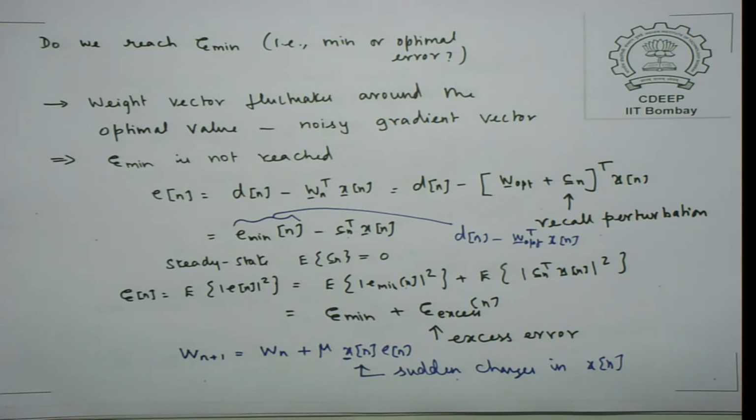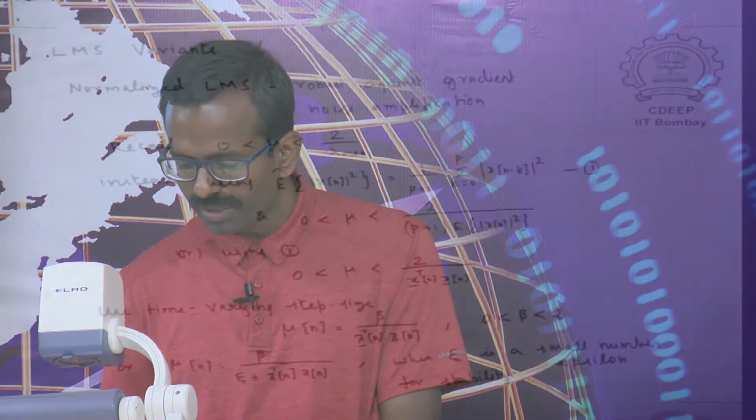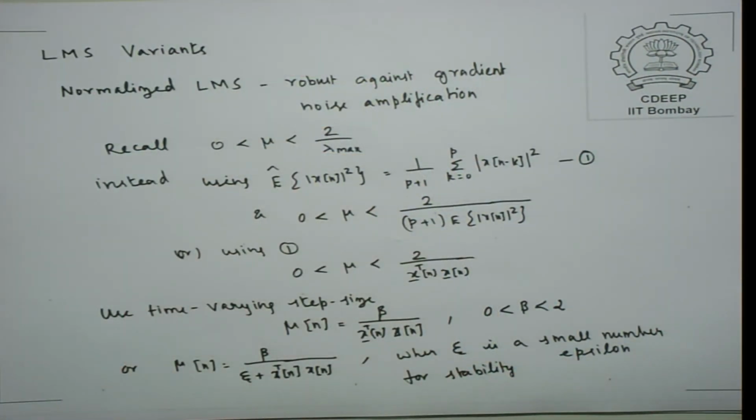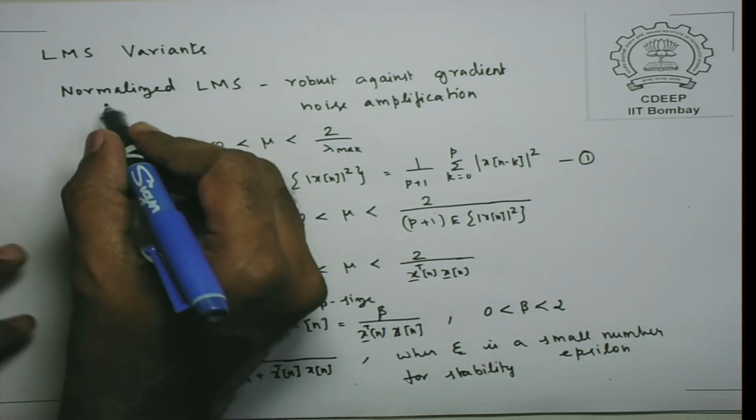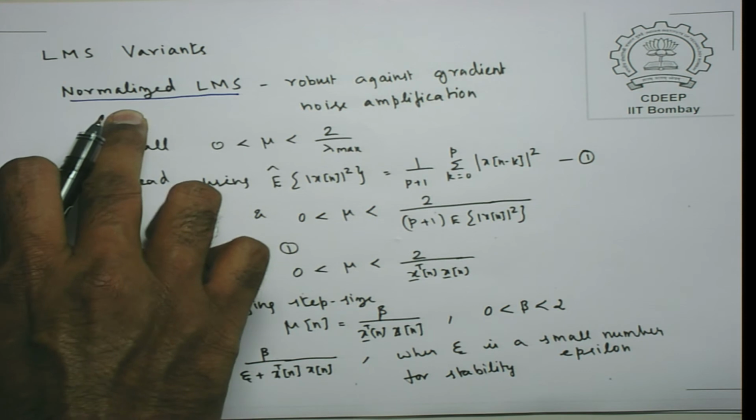If your algorithm depends on the input, it is always safe to use a normalized input rather than trying to use the input as such, right. So, with the same idea we will look at one variant of LMS which is called the normalized LMS, right. This normalization is a normalization of the input.